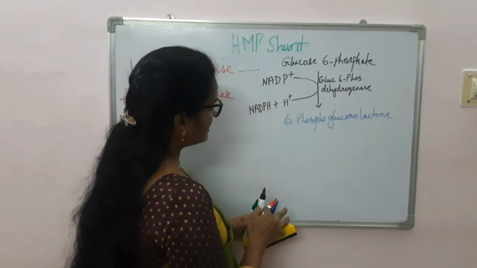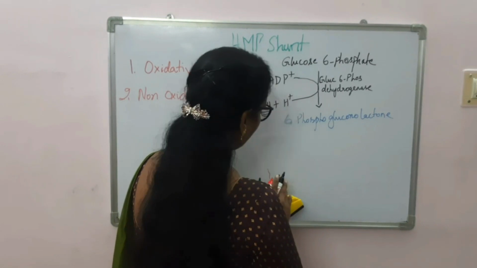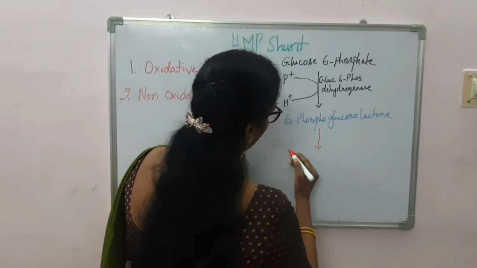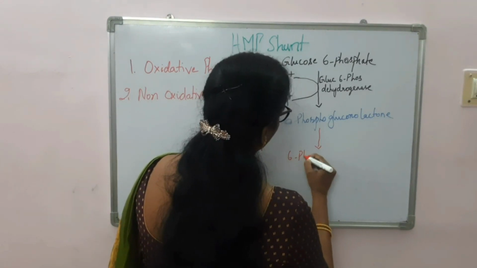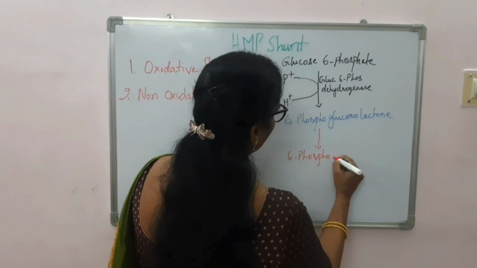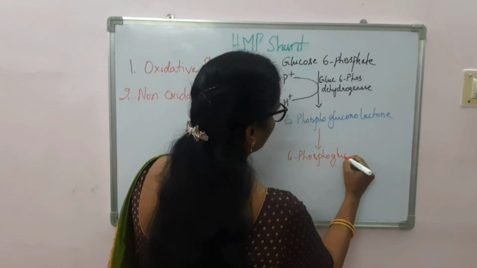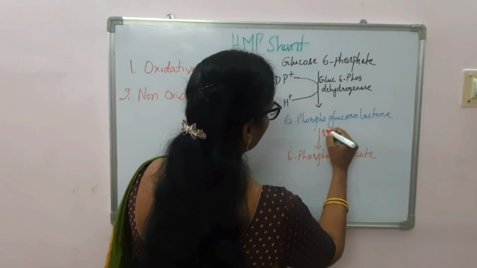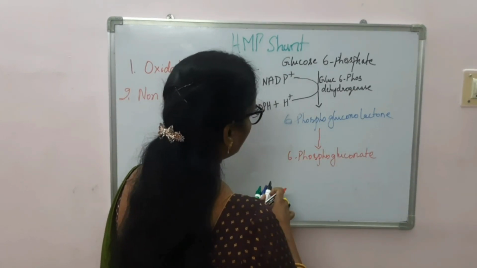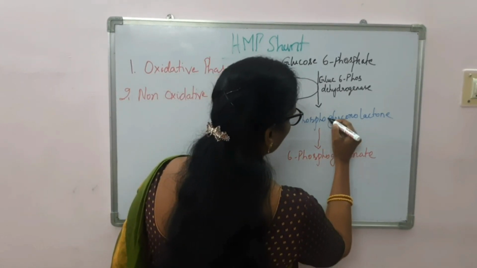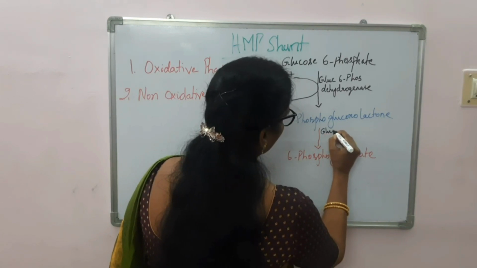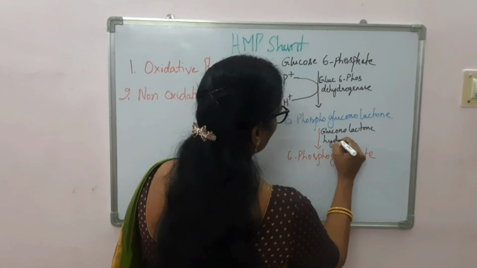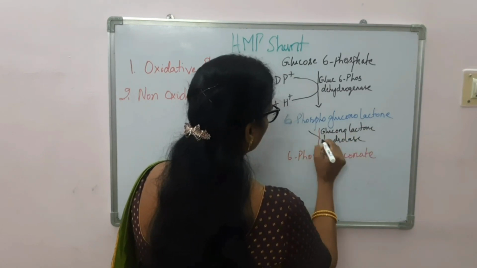Then next reaction is this 6-phosphoglucanolactone is converted to 6-phosphogluconate. This takes place with the help of glucanolactone hydrolase enzyme.